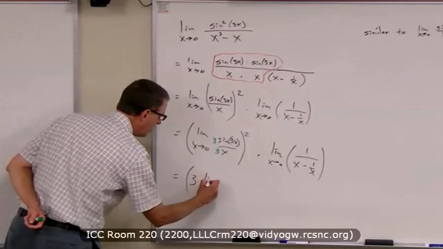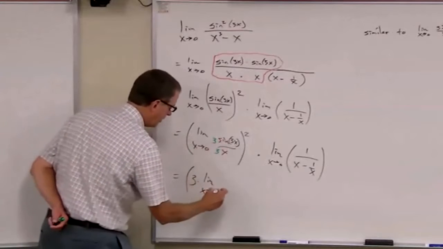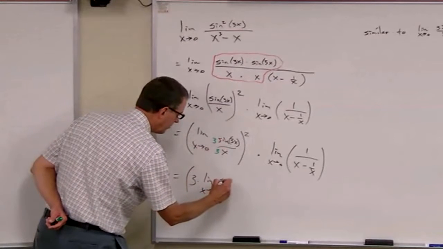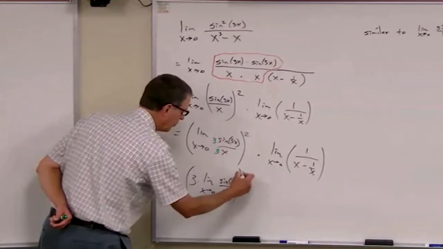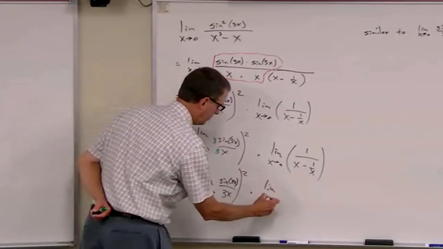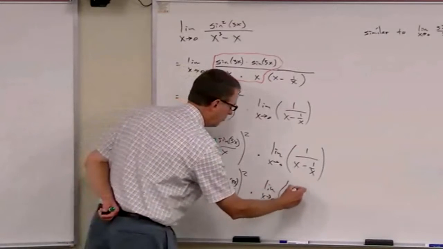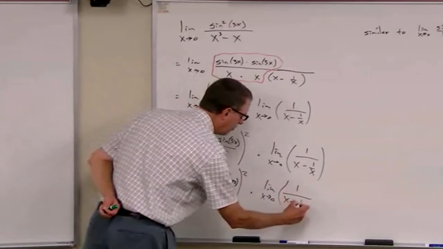Three times the limit, x goes to 0, of sine 3x over 3x squared, times the limit, x goes to 0, of 1 over x minus 1 over x.